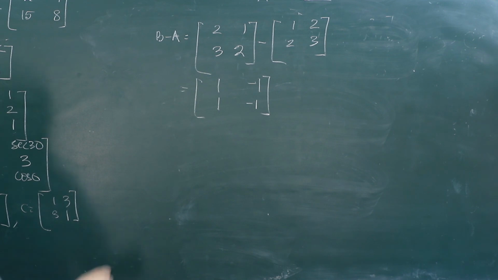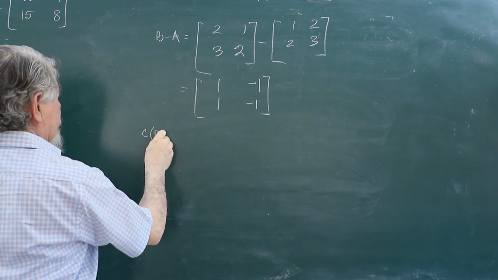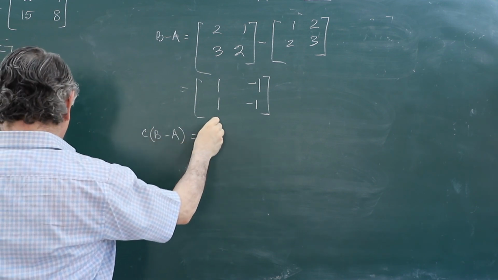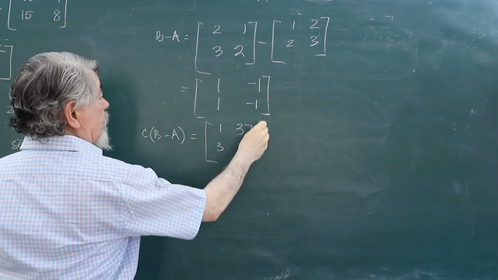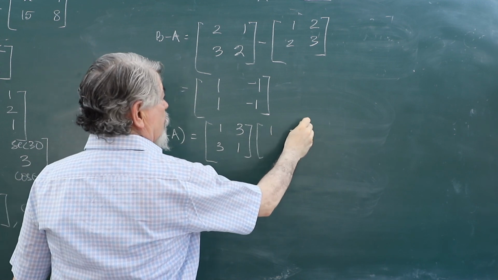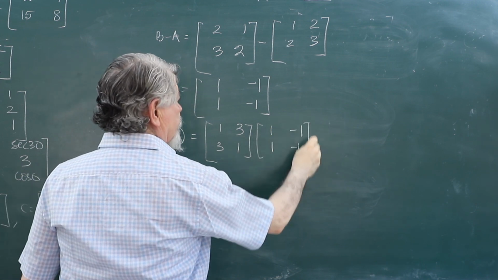Then let us multiply C into B minus A. The value of C is 1, 3, 3, 1, and B minus A is 1, minus 1, 1, minus 1.